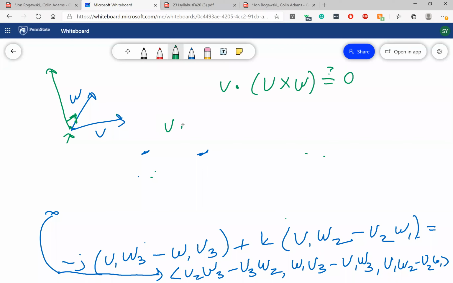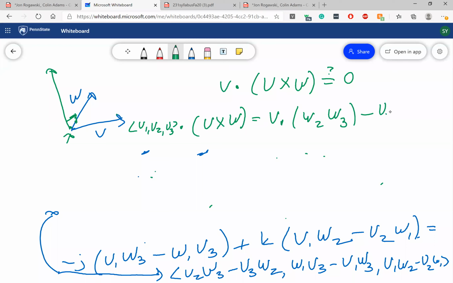So v dotted with v cross w, let me just rewrite this so we can see. v1, v2, v3 dotted with v cross w. So that's just going to be equal to v1 times this component down here. So that's v2, w3, minus v1 times v3, w2.